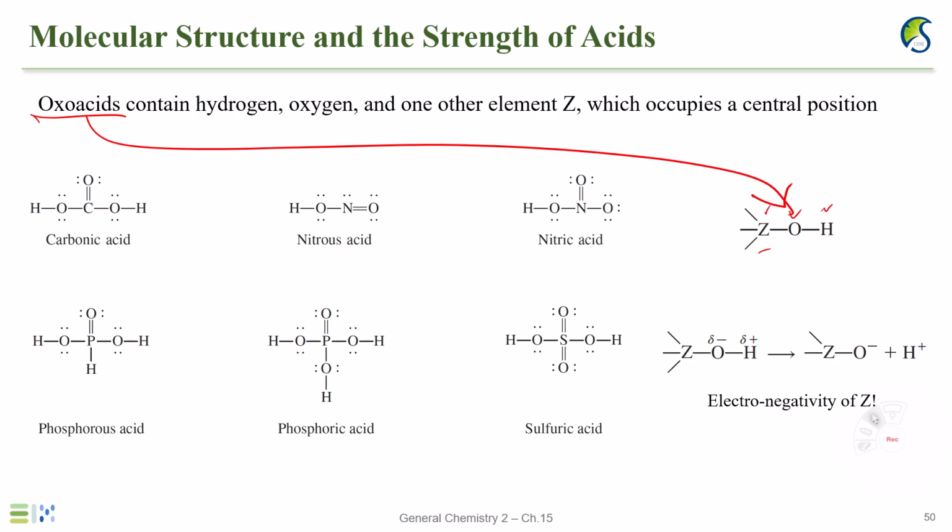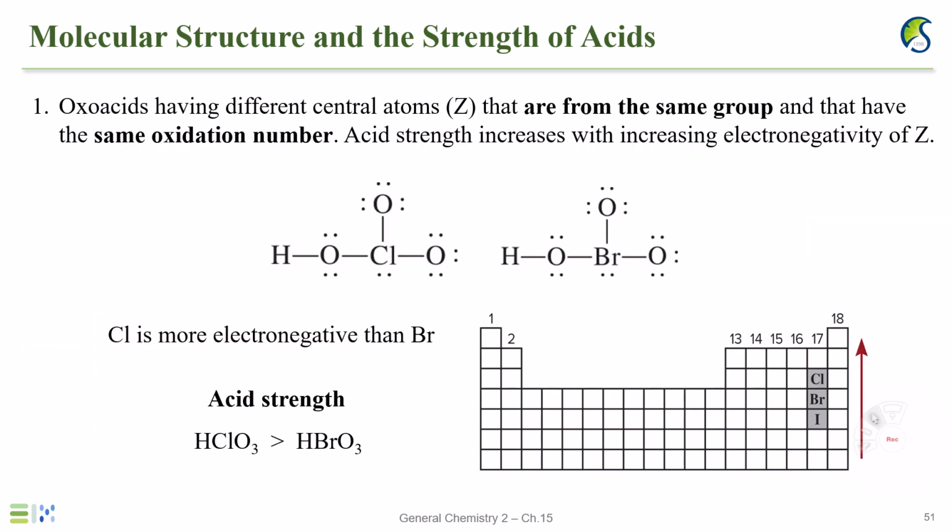So for example, these are examples of oxo acids, and you can qualitatively understand the relative strength of these oxo acids. For example, let's compare the relative strength of these oxo acids.